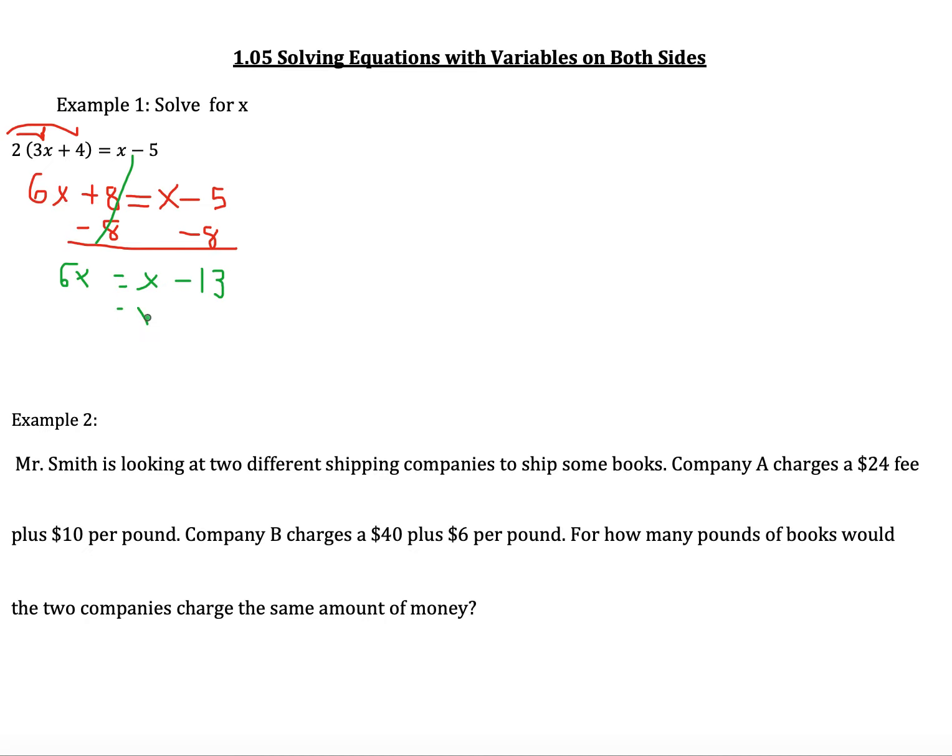And so now subtract x from both sides. 6x minus x is 5x, which now equals -13. If I divide both sides by 5, x equals negative 13 over 5. And there we go.